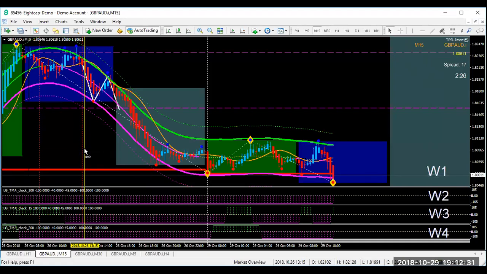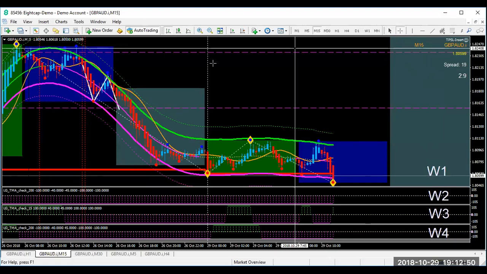Okay, so let me just get rid of that. So over here, the greedy line exits the trade, and you've got these candles here. I'll just get the cross here.